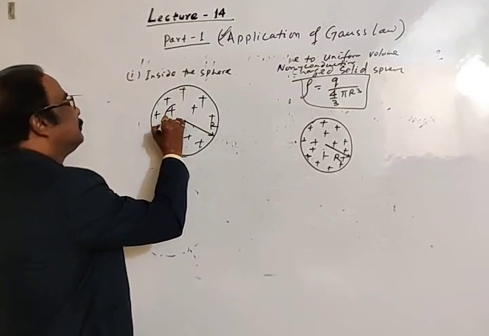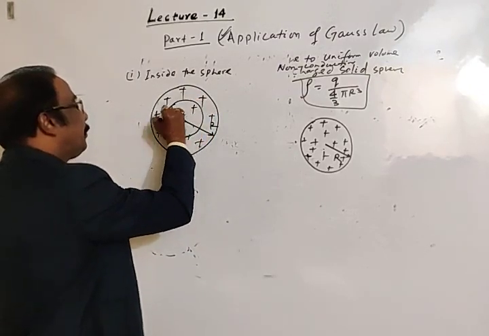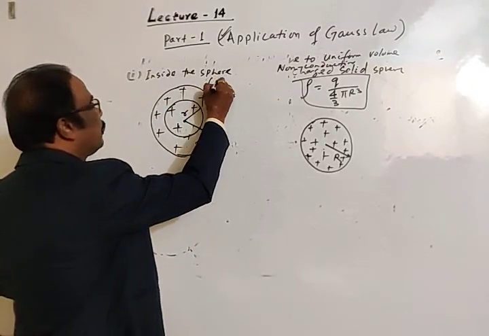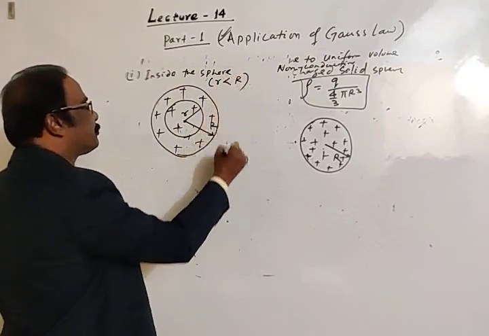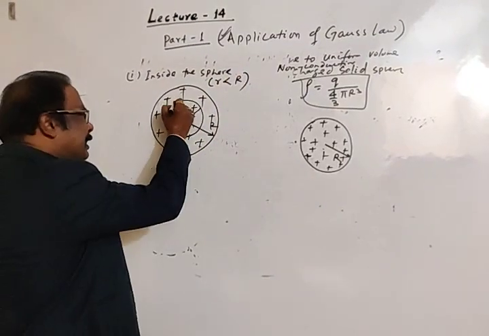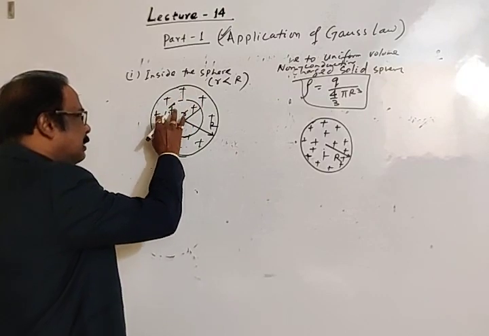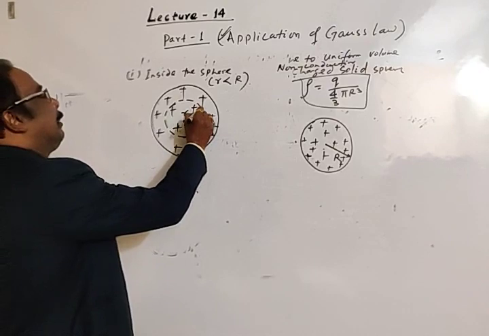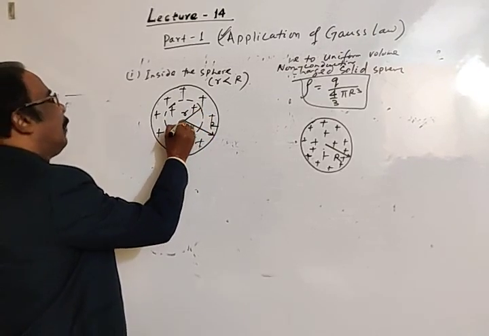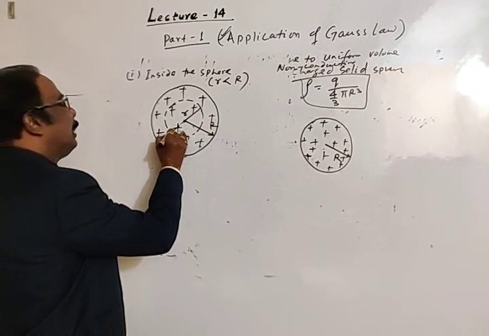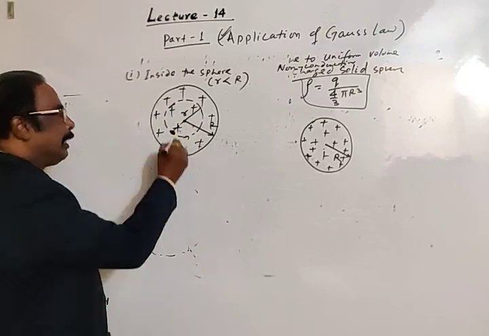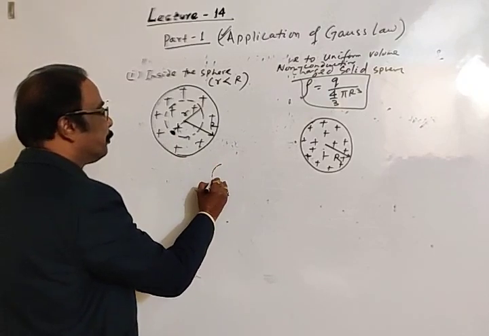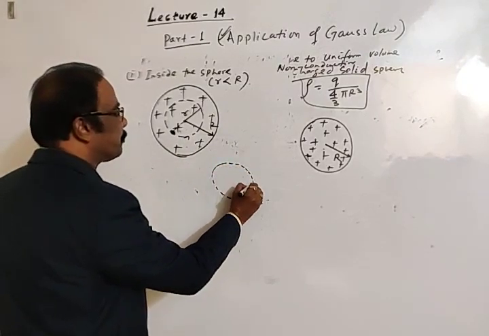Just imagine a sphere inside it of radius r, and here the small r is less than capital R. So this is now the imaginary Gaussian surface inside the sphere. Then next step, let's take an imaginary elemental area dA on the surface of this Gaussian surface.